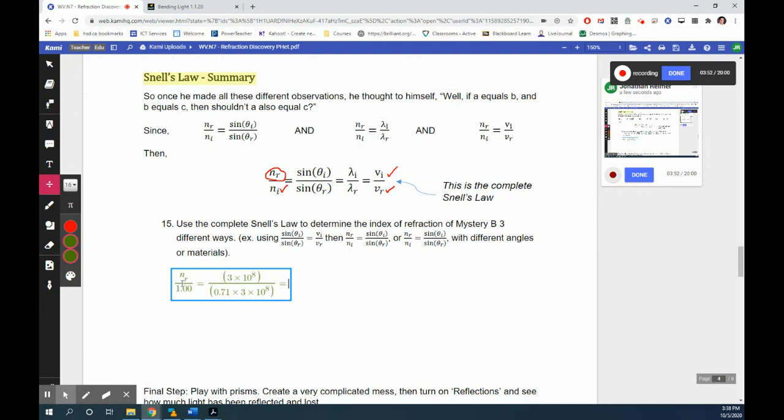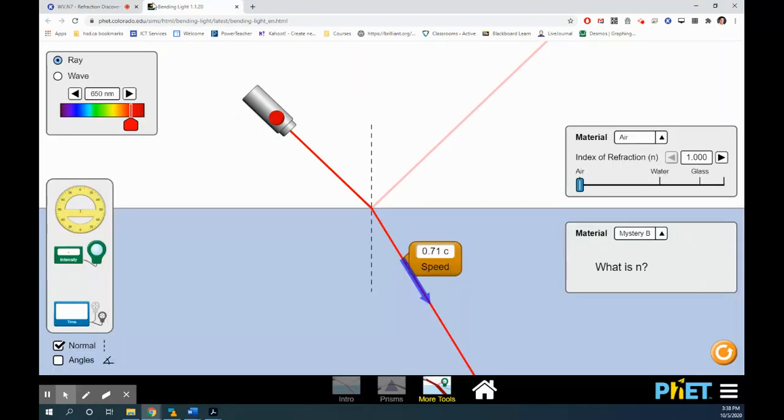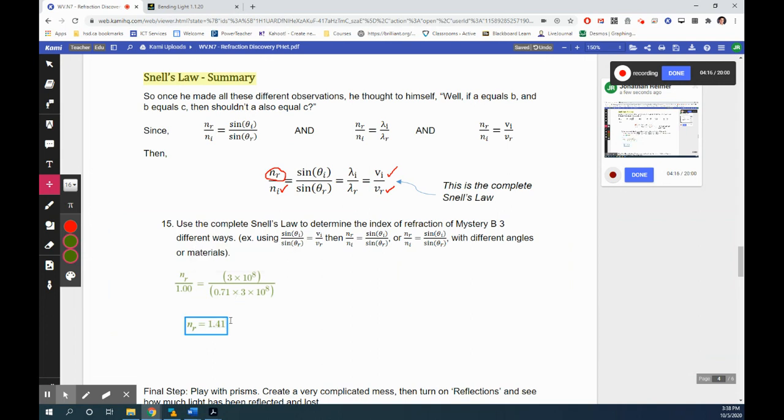And what do we get? We get the answer. NR equals 0.41. Pretty sweet. So you just punch this in your calculator: the speed of light divided by 0.71, because that's what it said the speed was, and we can figure out the index of refraction.